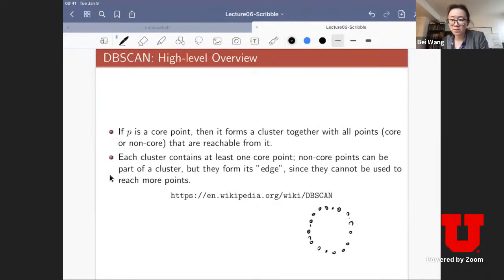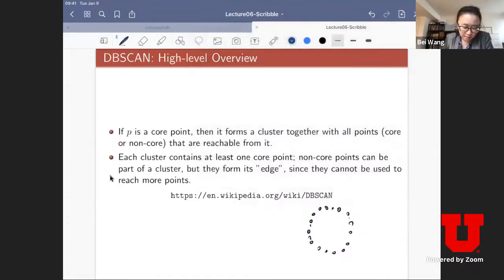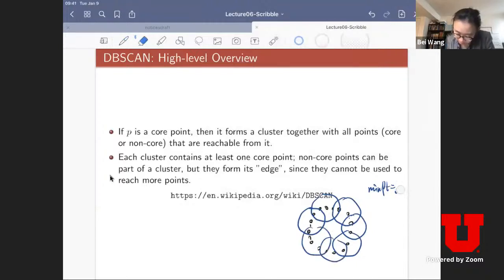But for DBSCAN, assuming my minimum points parameter is like 3 or maybe 5, you are basically covering it with neighborhoods where each contains at least 3 points or something to that effect. So each of those has a core point, okay?